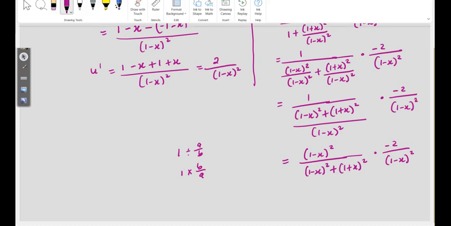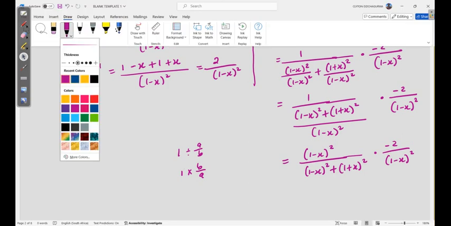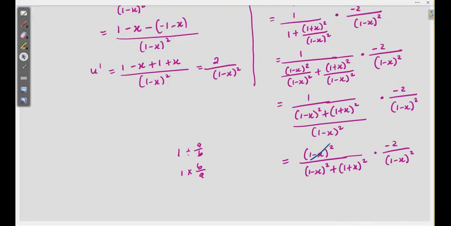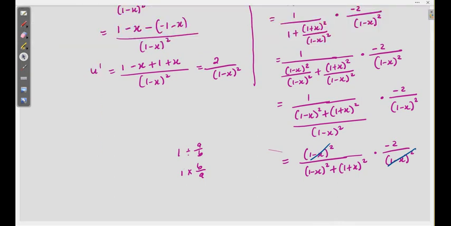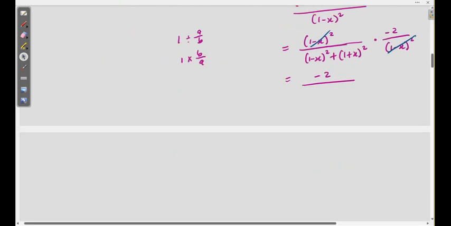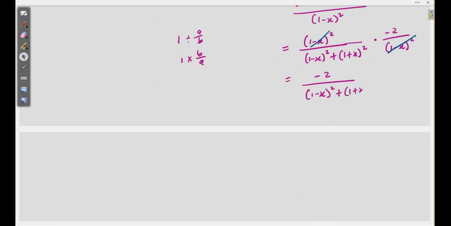Nice. Something beautiful and magical happens there. This will cancel that. So because of that, what we are actually left with there will be negative 2 divided by these two now, 1 minus x all squared plus 1 plus x all squared.